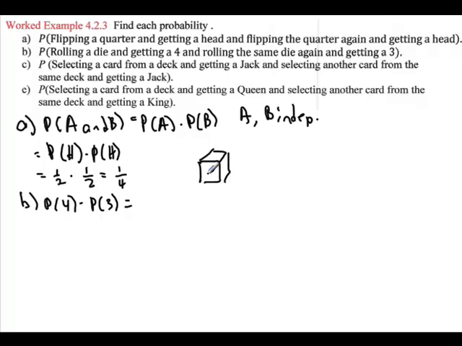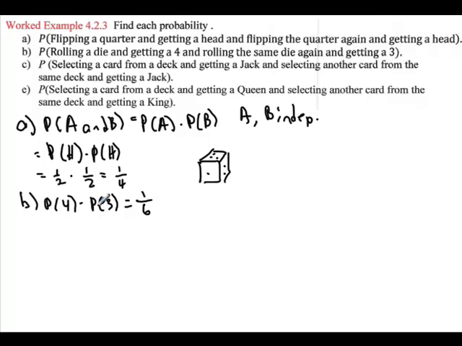Remember, there's 6 sides. One has a 1, one has a 2, one has a 3, one has a 4, one has a 5, one has a 6. Well, there's only one side that has a 4, out of how many total sides? They're all equally likely, so just count 6. The probability of getting a 4 when you roll this die is 1 out of 6.